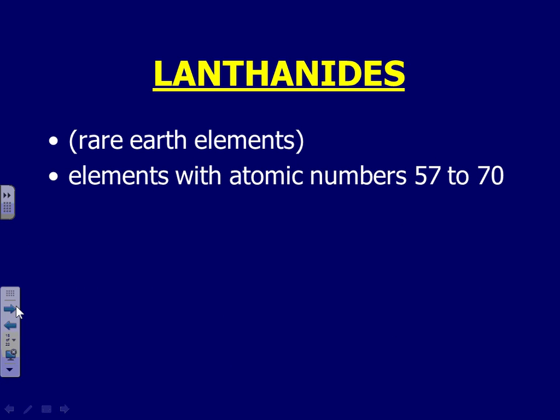Lanthanides, down at the bottom. The word lanthanide comes from the fact that lanthanum is the first one in the row, so there's nothing special about it. We have to realize that this number 57 originates after this number 56.